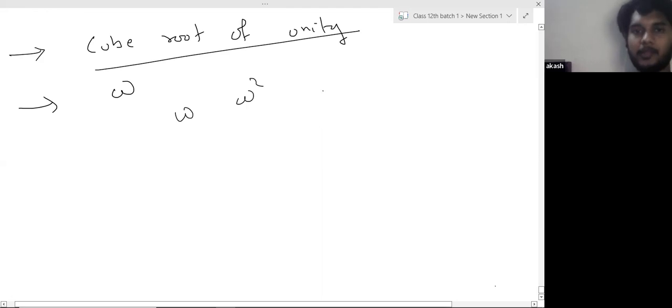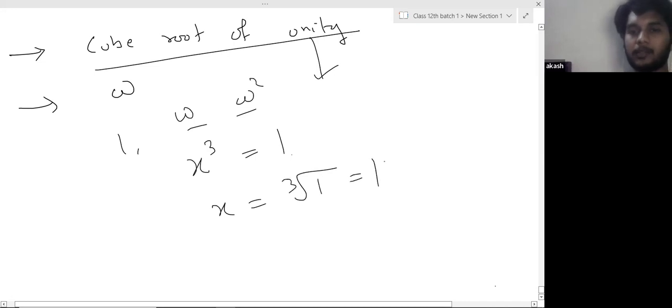What this means is, if you have an equation x cube equals to 1, then what are the cube roots of 1? That we need to find out, and we name them 1, omega, and omega square. How can you solve this? You just take x as cube root of 1, so x equals 1, we say, right?